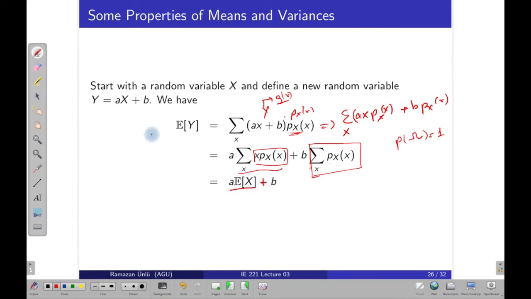That means I can calculate the expected value of g of x as a times the expected value of x plus b. And we can conclude that expectation is a linear operator. So as a result, the expected value of g of x, which is defined as y in our example, is a times the expected value of x plus b.